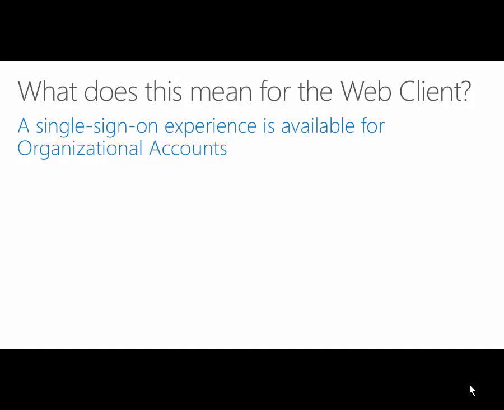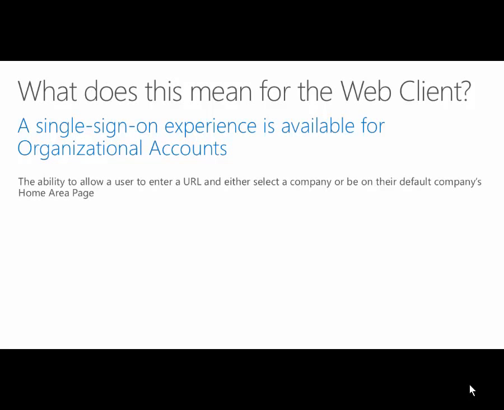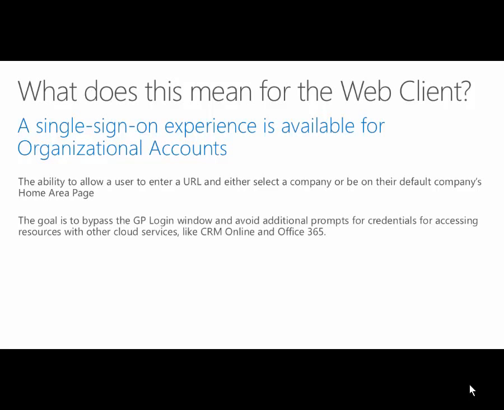So what does this mean for the web client? It means that a single sign-on experience is available for the organizational accounts. The user has the ability to simply enter in a URL and then either select a company or be in the default company's homepage, had they chosen a default company at one point in time.